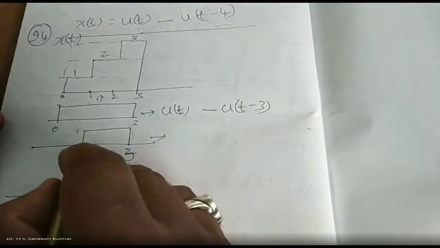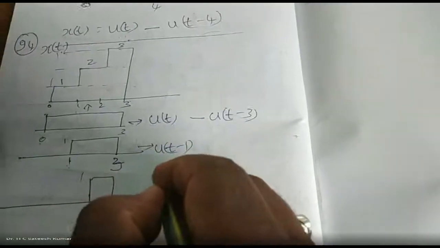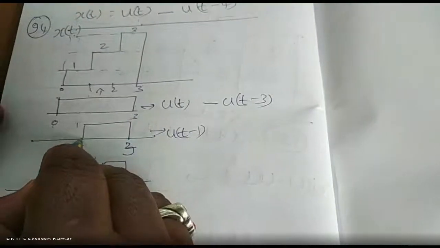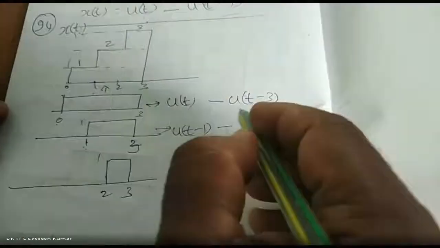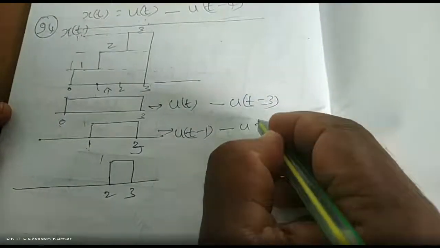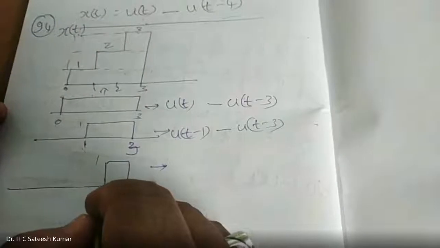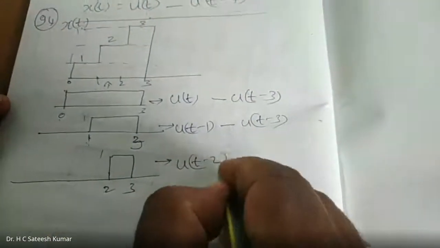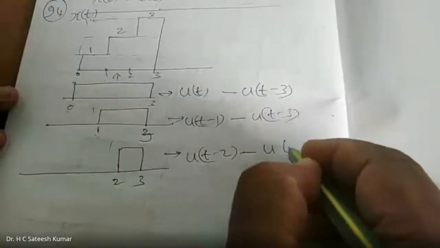Next, at 1 up by 1 unit, u of t minus 1. t minus 1 means it starts from 1, and at 3 falls, so minus u of t minus 3. Next, start up by 1 unit at 2, u of t minus 2. At 3 fall, minus u of t minus 3.